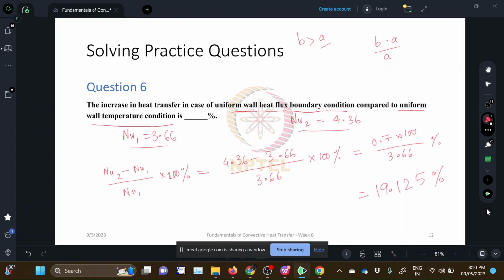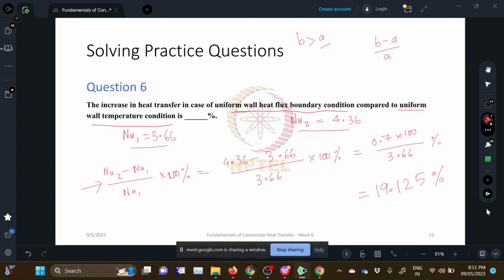Now we have to find the percentage increase, which is given by the Nusselt number 2 minus the Nusselt number 1, divided by Nusselt number 1, the one that we are comparing against. After this it's just simple math. We plug in all the numbers and find the percentage.